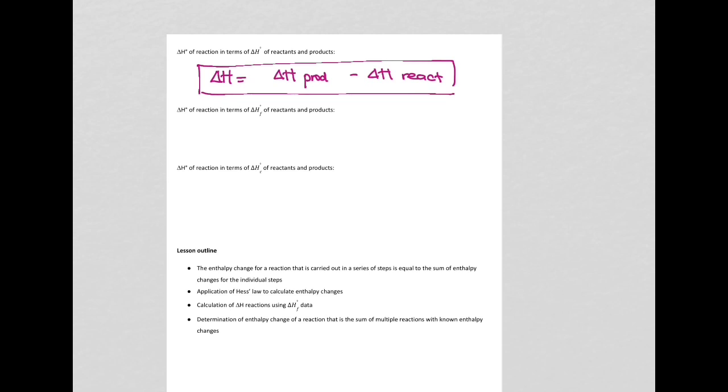And the second equation, delta H of any reaction is delta HF of products minus delta HF of reactants. Not forgetting that you have to add them up if there is more than one, and that you need to take into consideration stoichiometric ratios.